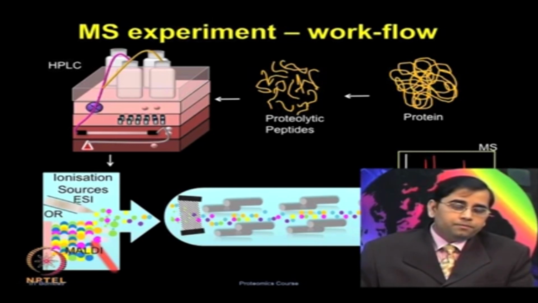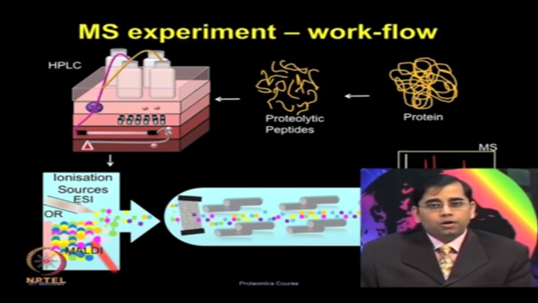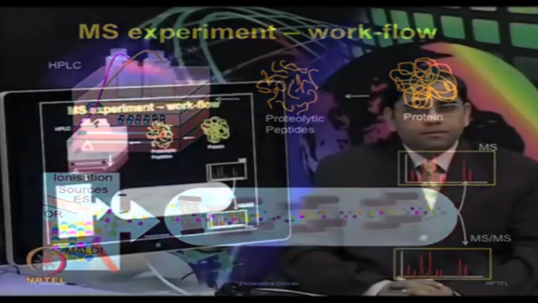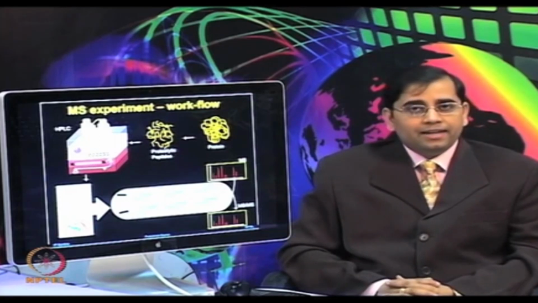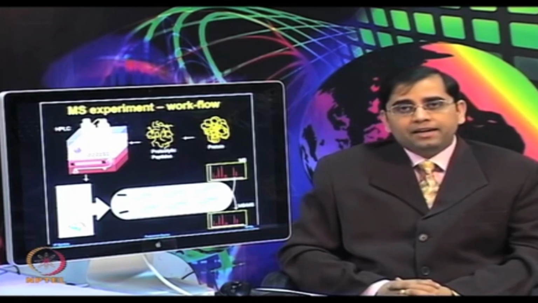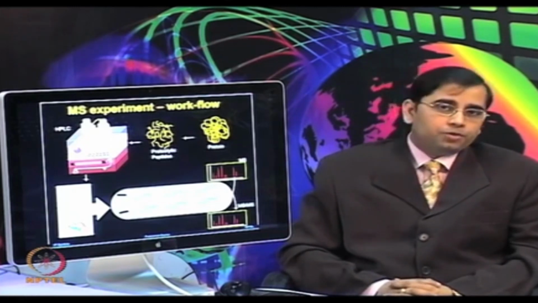After pre-fractionation, in-gel digestion or proteolytic cleavage can be performed by using various enzymes such as trypsin, and then the sample can be injected into the ionization source, whether it be ESI or MALDI, most commonly used for proteomics, as well as other types of ionization sources, and then these ions can be further resolved in the mass analyzers. Again, there are various types of mass analyzers, and then data can be analyzed in MS or MS-MS mode.